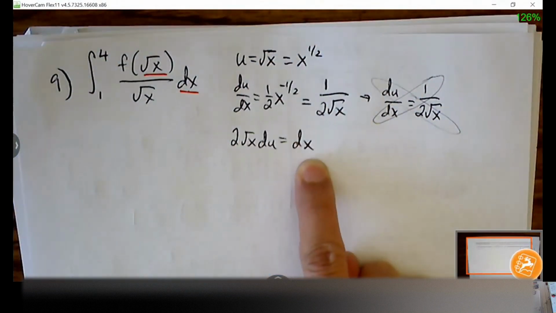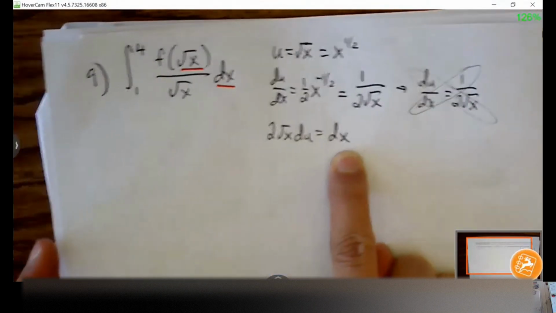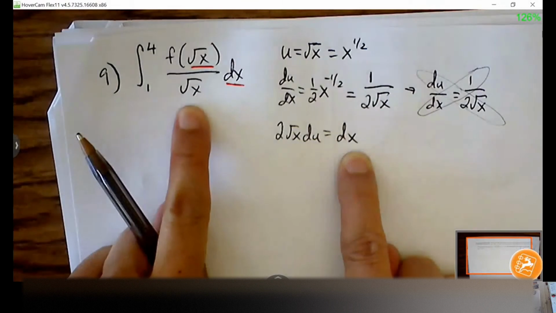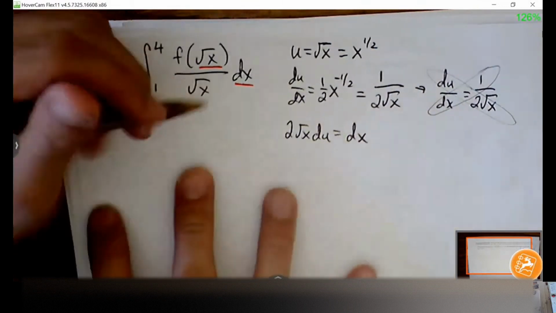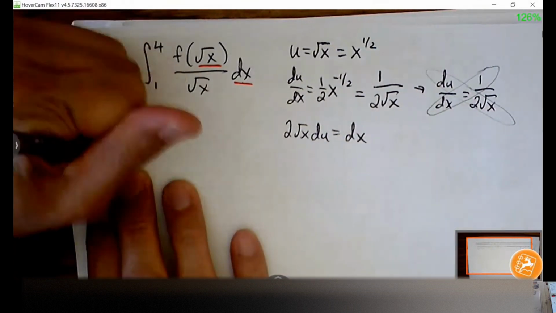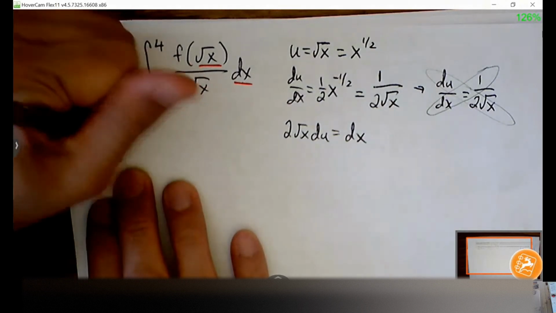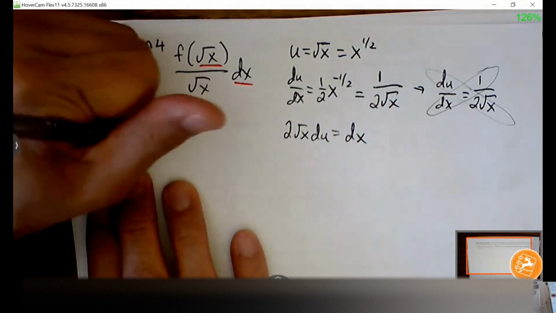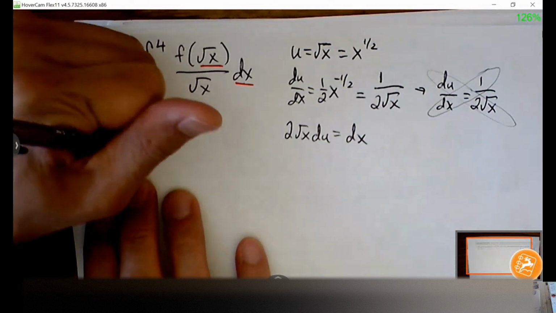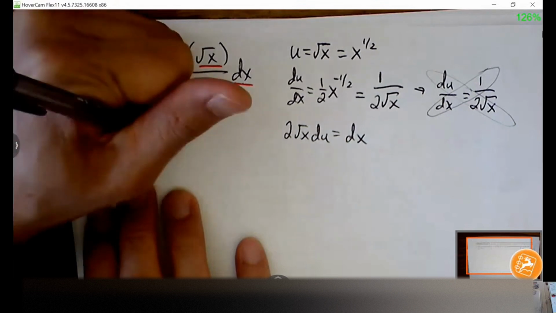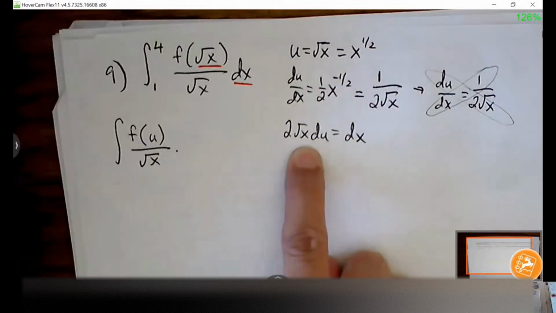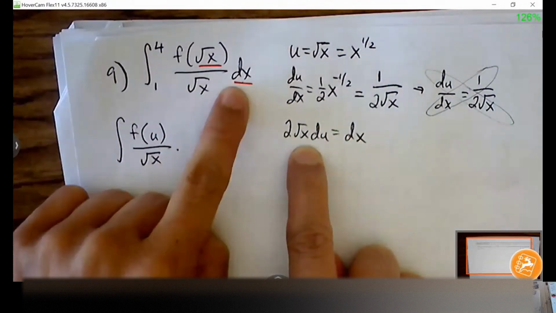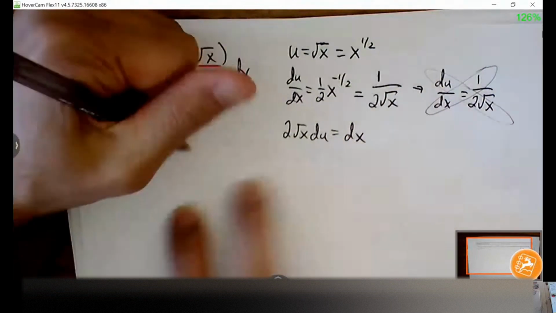Okay, so there's my substitution for dx, right? Leave the bounds out of it because we're doing u substitution. So f of u over the square root of x times, replace the 2 root x du for dx because they're equal.